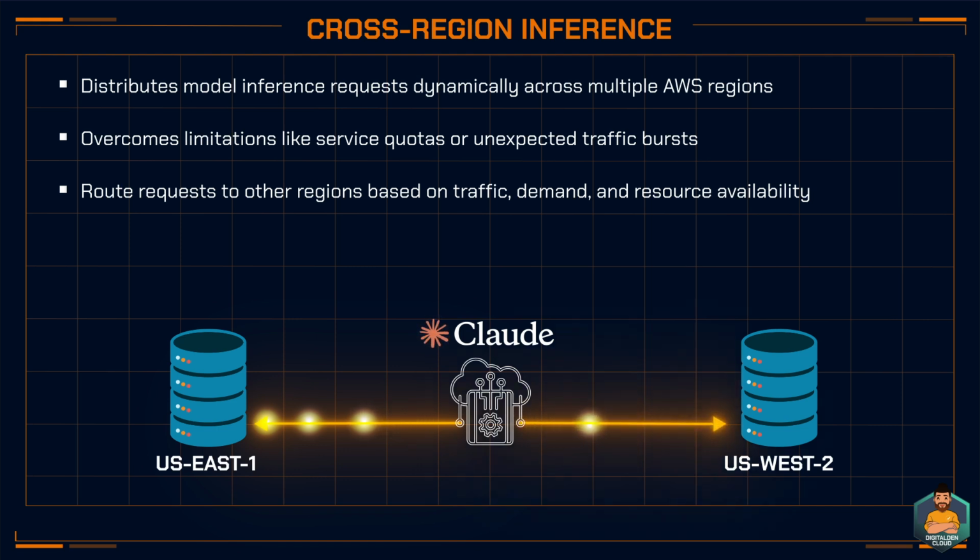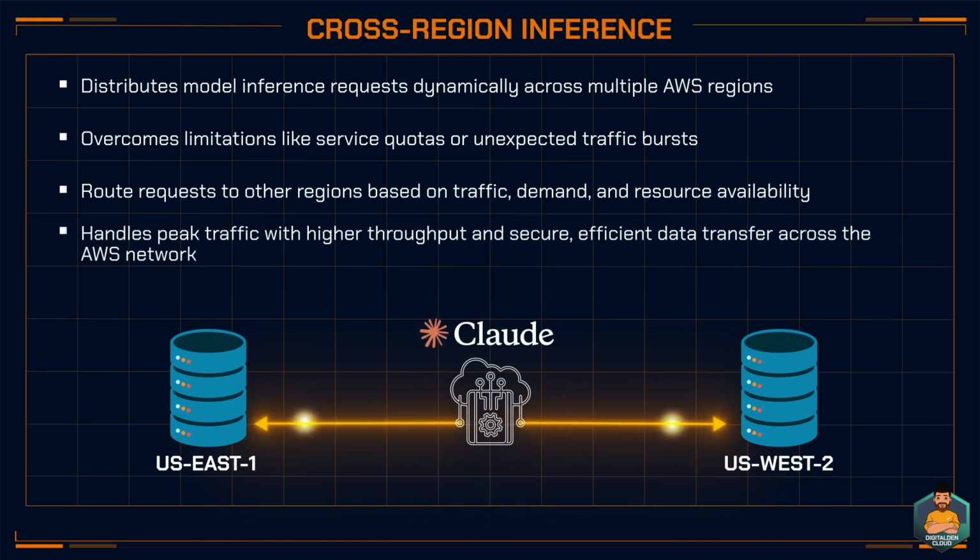This happens seamlessly without requiring significant code changes or additional routing logic. By using Cross-Region Inference, your application can handle peak traffic seamlessly, achieve higher throughput by routing requests across multiple regions, and maintain secure and efficient data transfer across the AWS network.